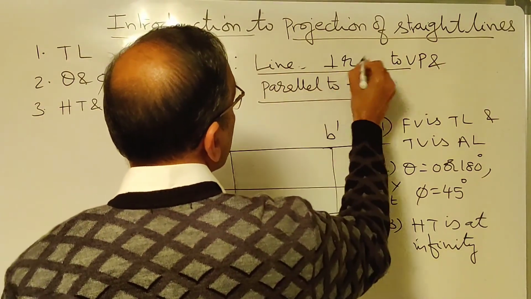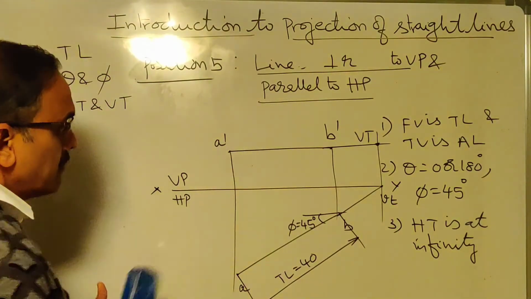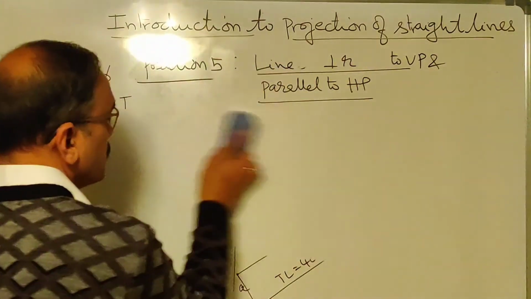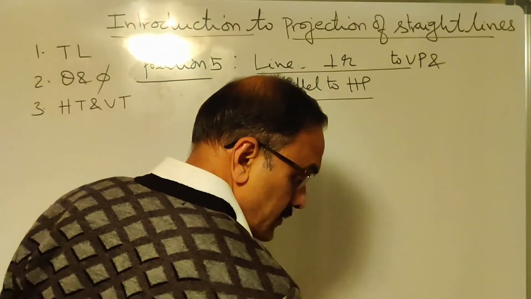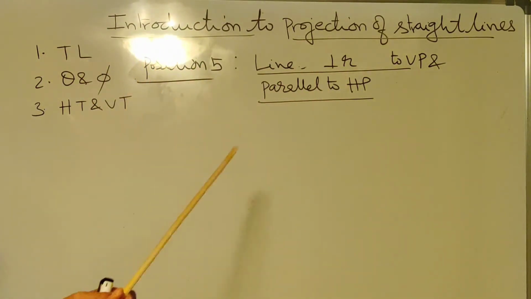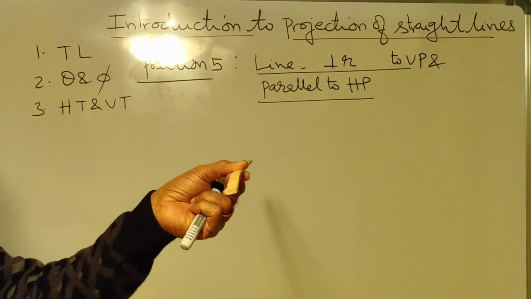Line perpendicular to VP and parallel to HP. So can you imagine how the top and front views of this line come? This is how you have the line. The line is perpendicular to VP, it's like this. And it is parallel to HP.